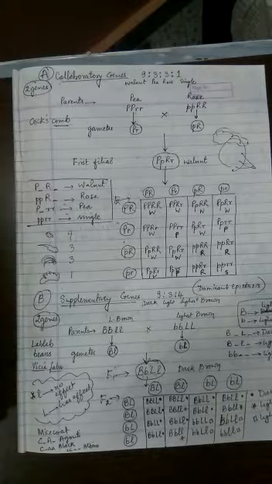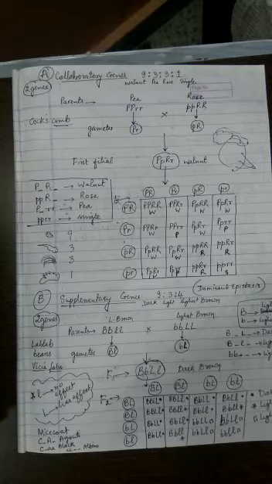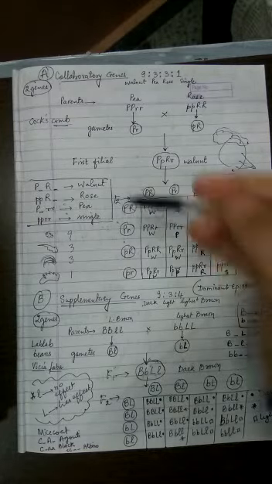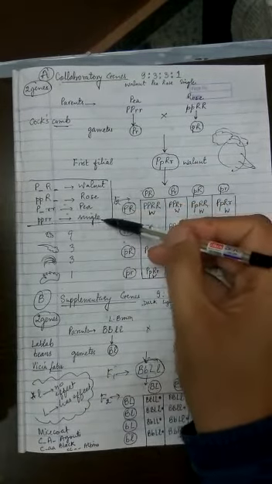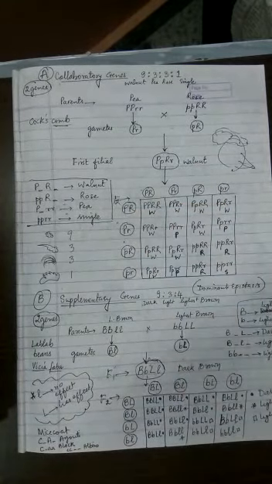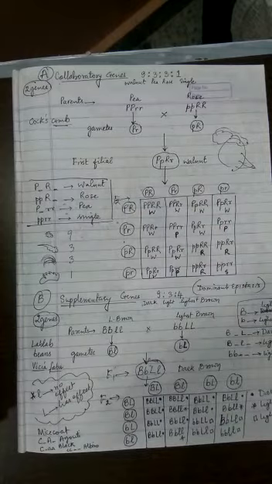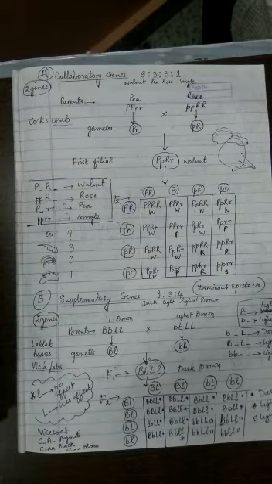Collaboratory genes can be called those genes which are able to produce their own effects independently when present in the dominant state, but can also interact in their dominant form to prepare another effect, or in their recessive form they can interact to prepare another effect. So how many phenotypes will be expressed here? 4 phenotypes in the ratio of 9:3:3:1. I hope it's an easy example and it is clear to you.